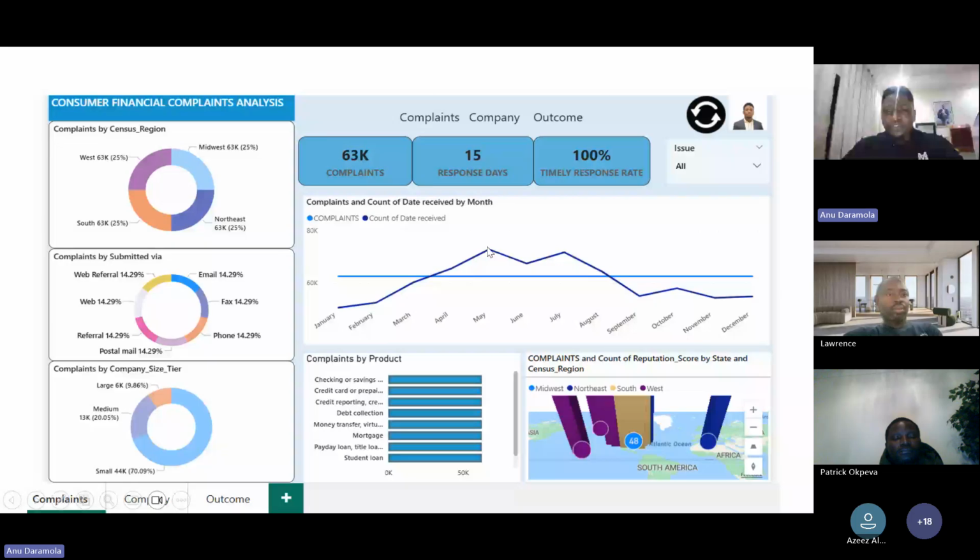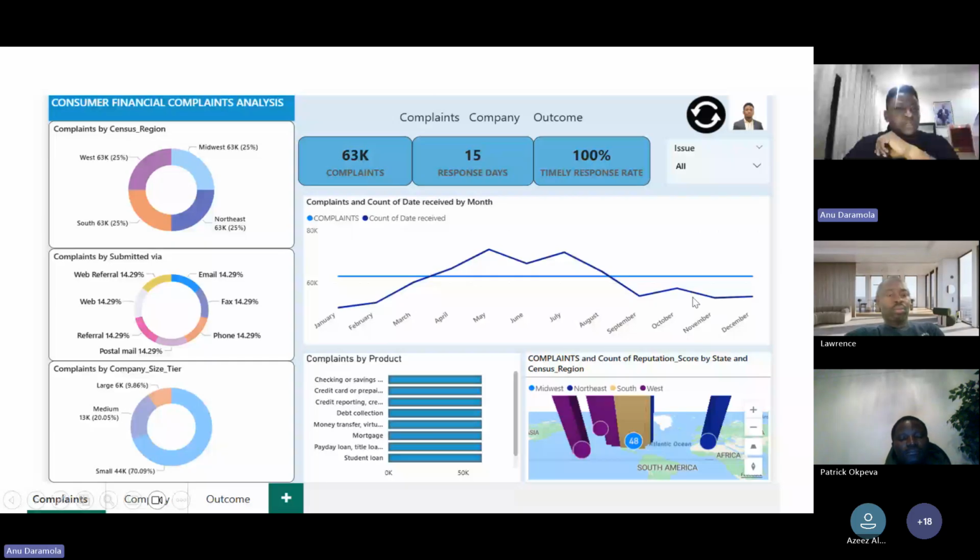There was a bit of down peak from May to June, then an increase again. So majorly we had a bit of reduced or decreased volume within June, September, and November.